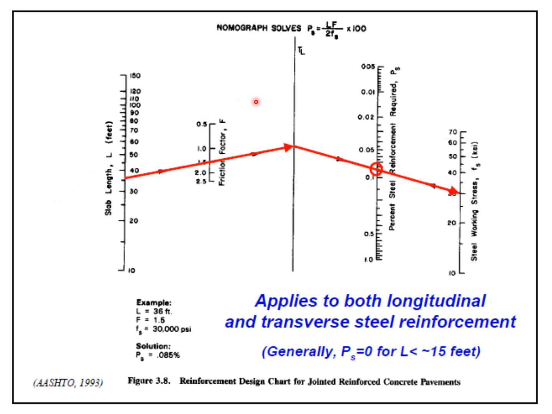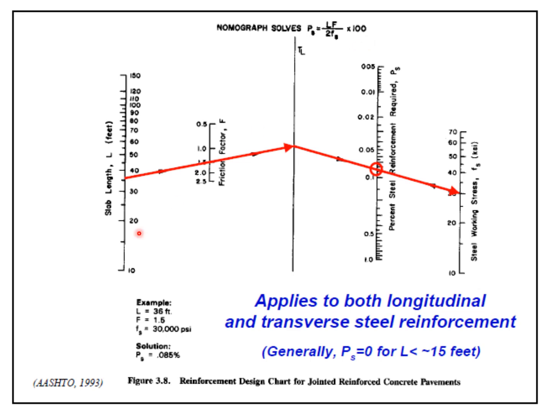Well, look at this nomograph. With the help of this nomograph, we would be able to carry out the reinforcement design for jointed reinforced concrete pavement. Either we can use this formula, that is P sub S, just to determine the steel which is needed. P sub S is equal to L multiplied by F divided by 2 divided by Fs, into 100.